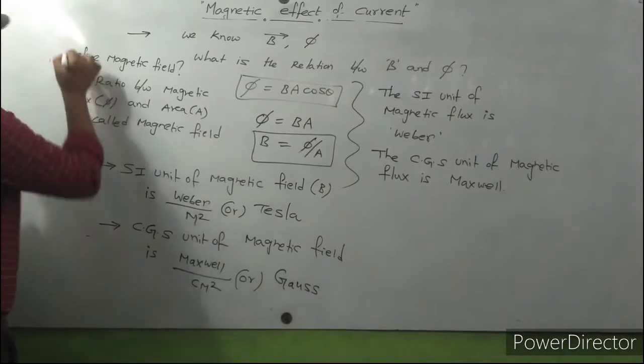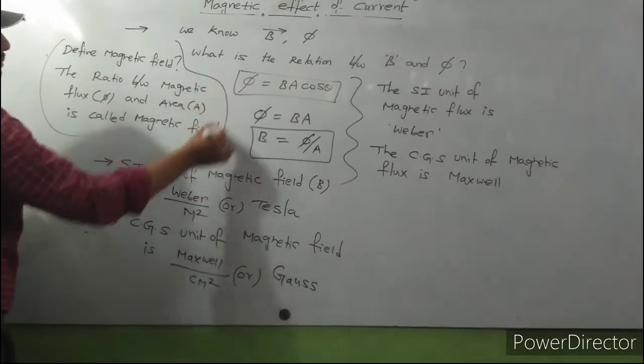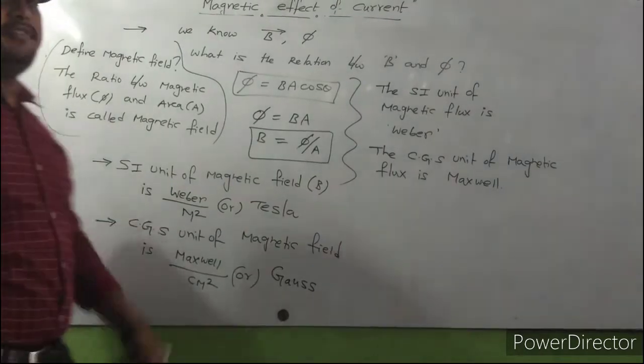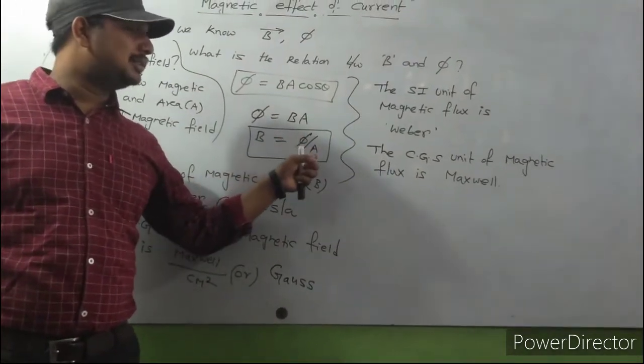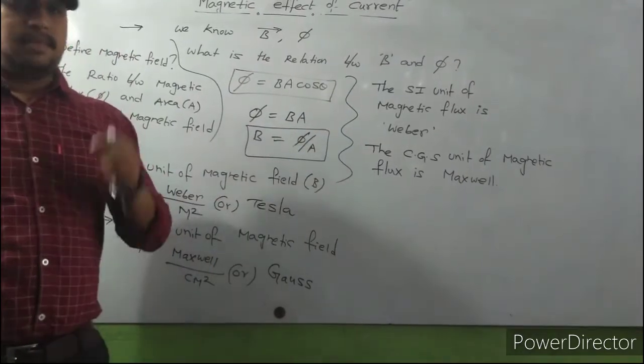So sometimes they are asking what is the definition of magnetic field. The definition of magnetic field is: the ratio between magnetic flux to area is called magnetic field.